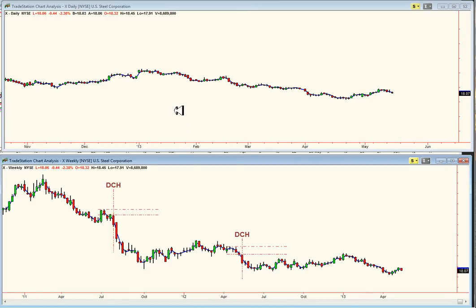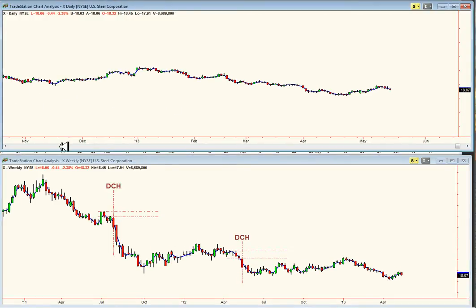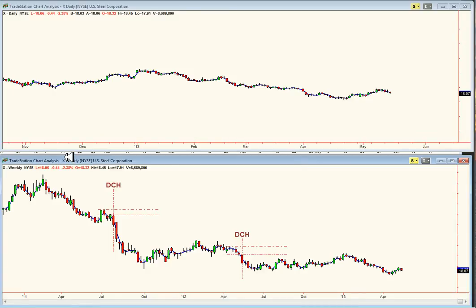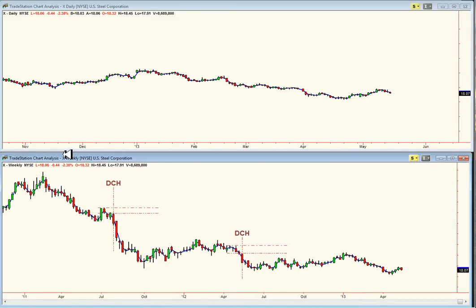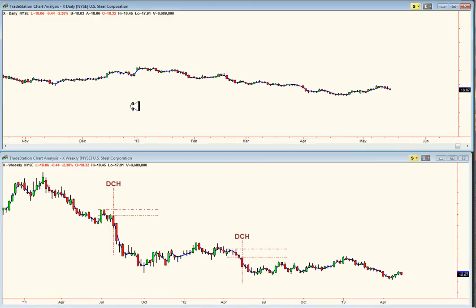The 5, the corrective, extended, pullback, consolidation, test. I'm going to give an example of each one of those using the daily chart, and then I'm going to switch to the weekly chart and just give you several examples of the DCHs and what to look for on the daily chart.